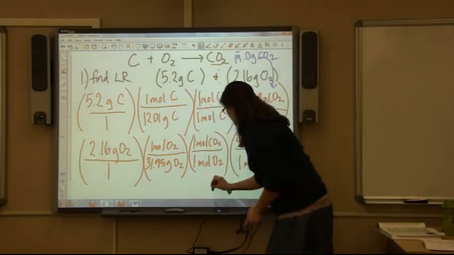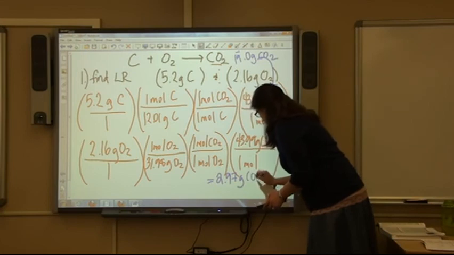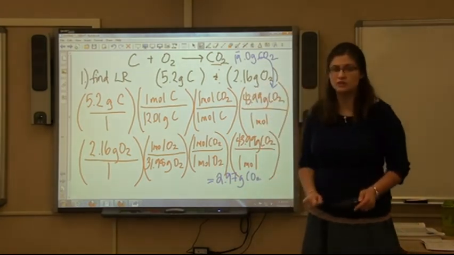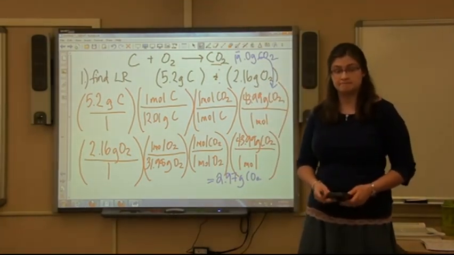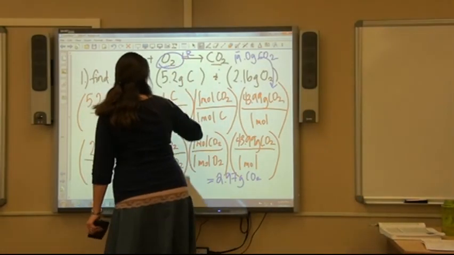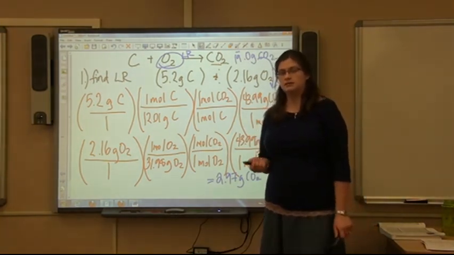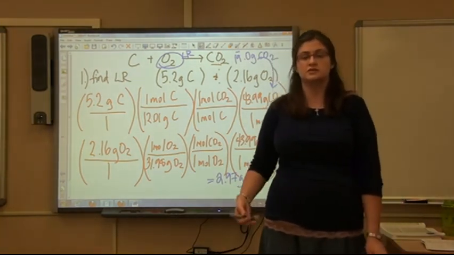And you get a result of 2.97 grams CO2. What's your limiting reagent? O2. See where I did that? That helps me for later on. Especially if you get interrupted in the course of solving these problems.